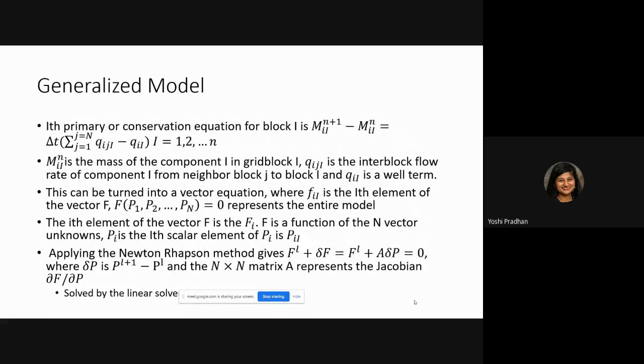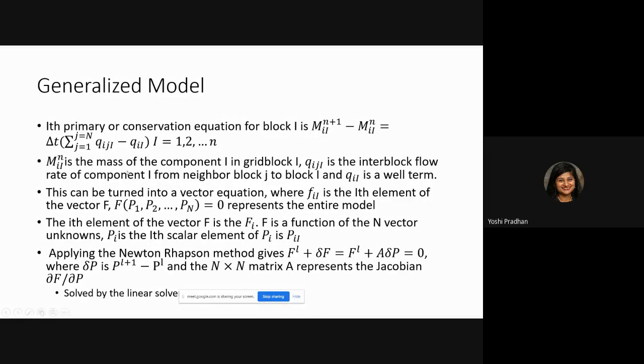So this is the primary conservation equation for a block i, which is here. This is your m^(n+1) at a given block, and times your time step, the flow rates from all the neighboring grid blocks, and it's always equal across the different time steps.